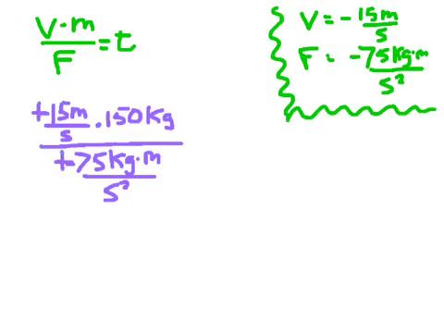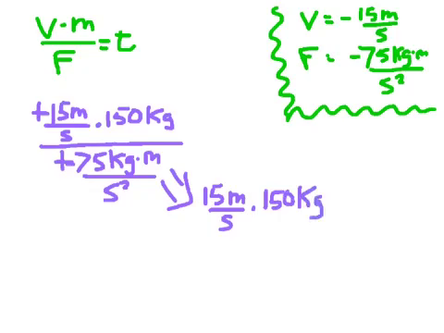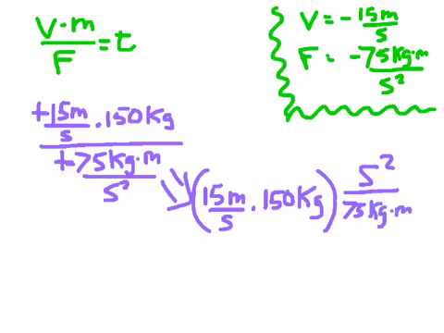Now, remember, dividing by a fraction is the same as multiplying by its reciprocal. So I'm going to rewrite this. The whole thing is 15 meters per second times 150 kilograms times second squared over 75 kilograms times meter.